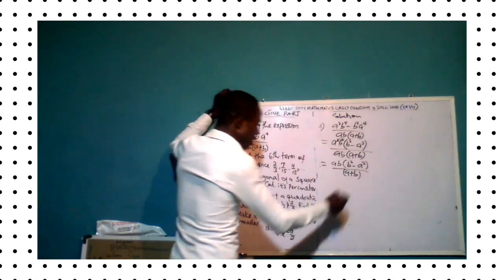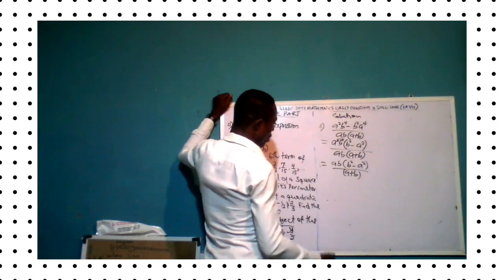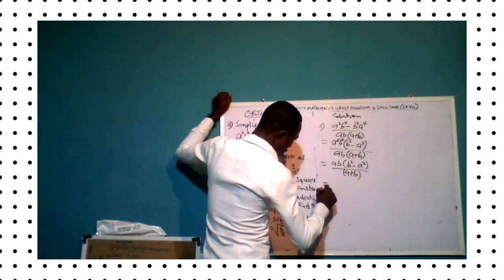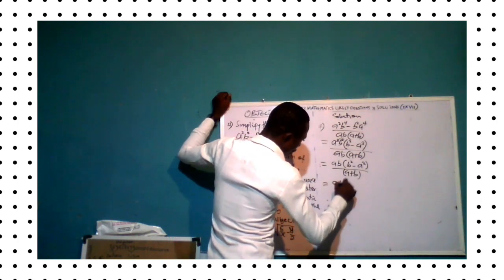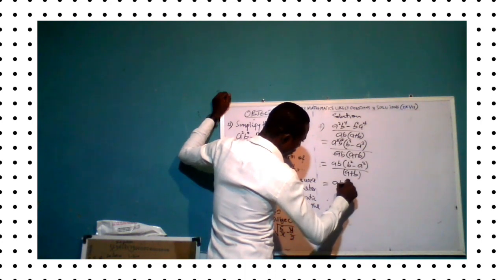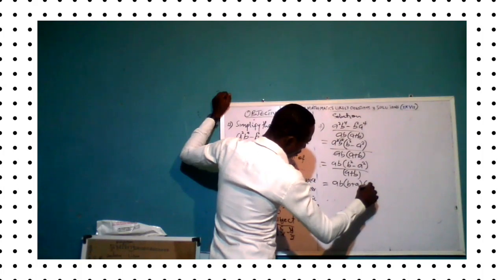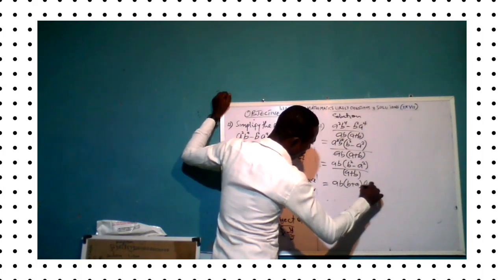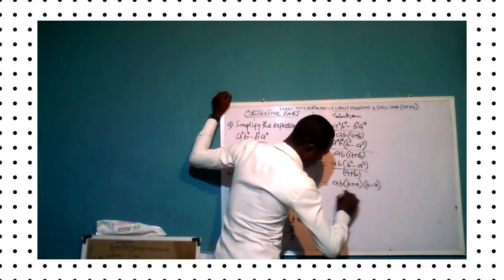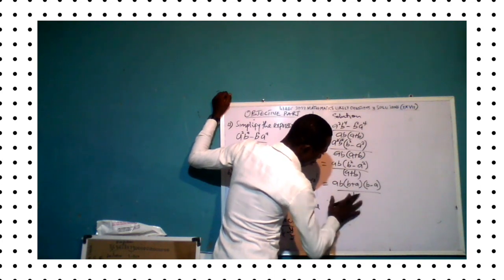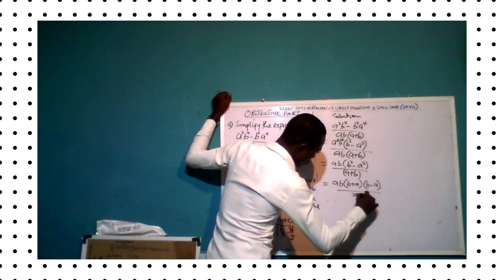Okay, don't forget this is a difference of two squares, and you can re-express it as ab, then open brackets b plus a, close bracket, and open another bracket b minus a. All right, all over b, a plus b.